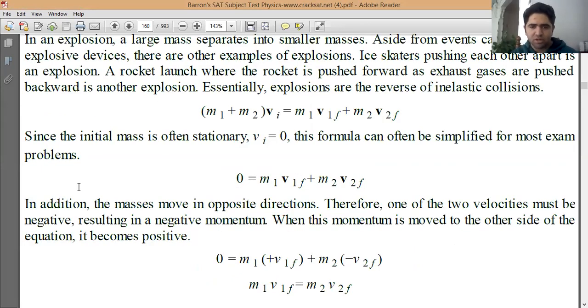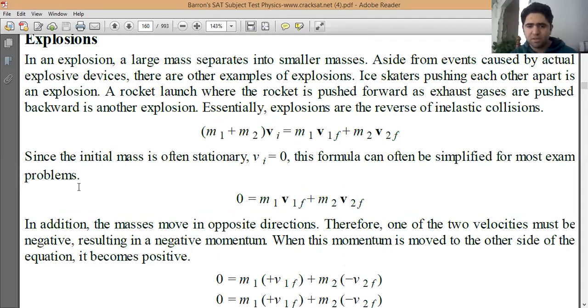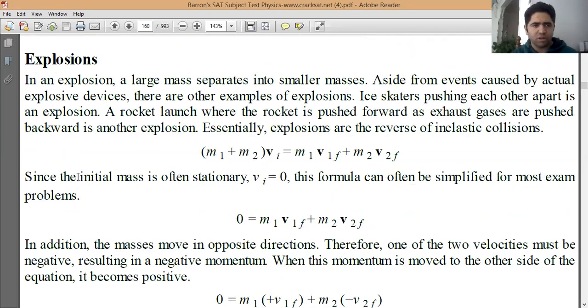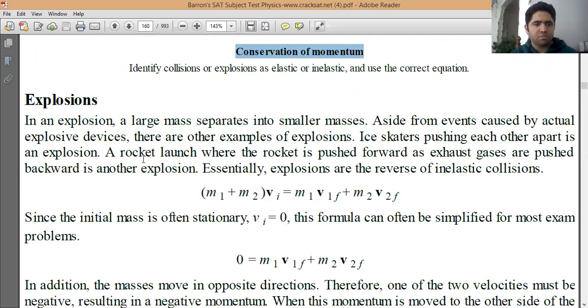Now, explosions are a very important part. So for explosions, you have a mass. This mass explodes, right? Well, you will bring M1. So what's being assumed here is you have two masses, and these two masses will leave. Just two, it could be billions, but we have a simplified explanation here.